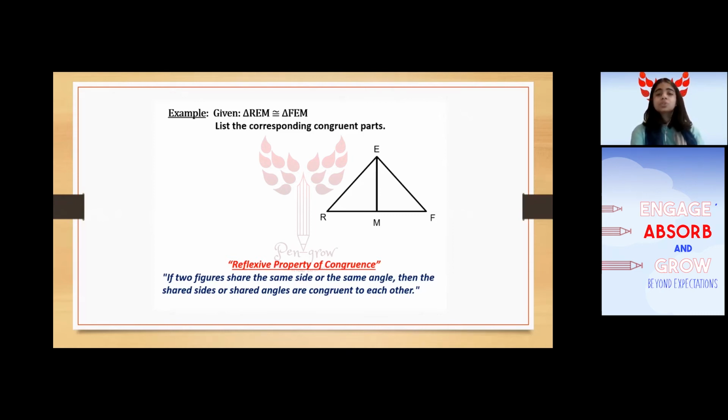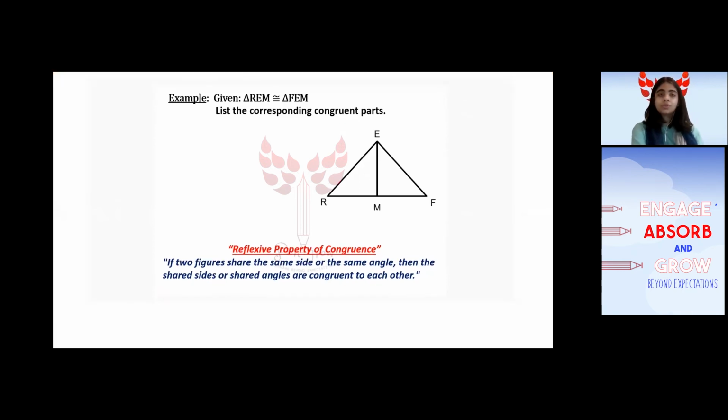So now let's use the CPCTC rule here. All right. The CPCTC rule says that if the two triangles are congruent, their corresponding sides are even congruent, right? So that means RE will be equal to FE, RM will be equal to FM, and we can see that EM is actually the common side.